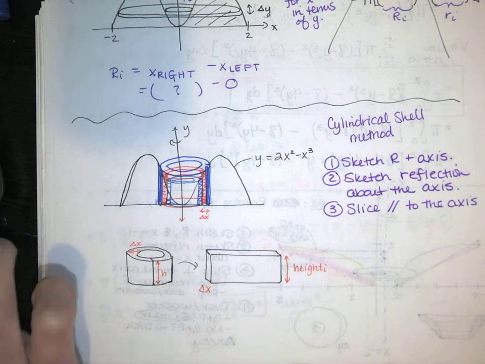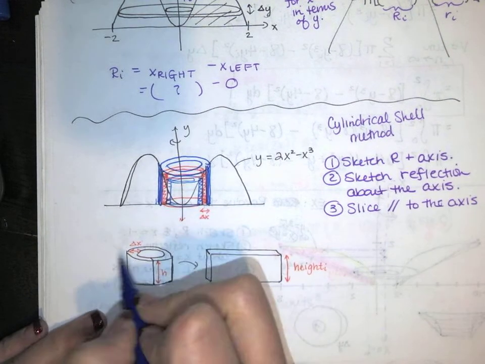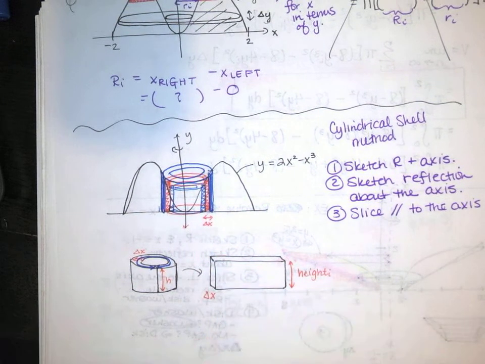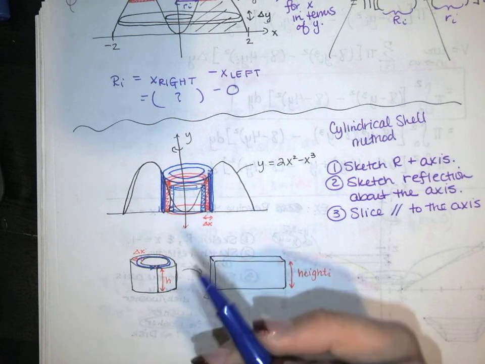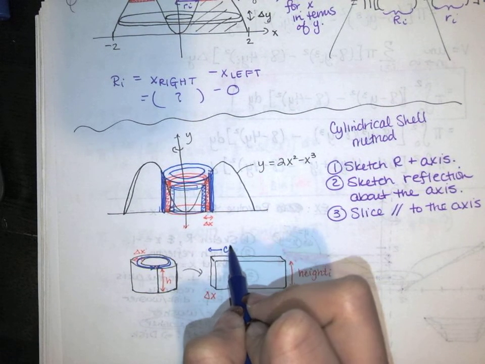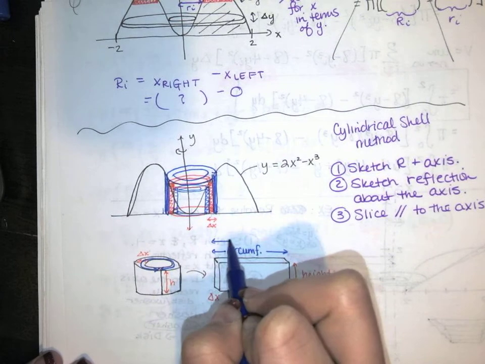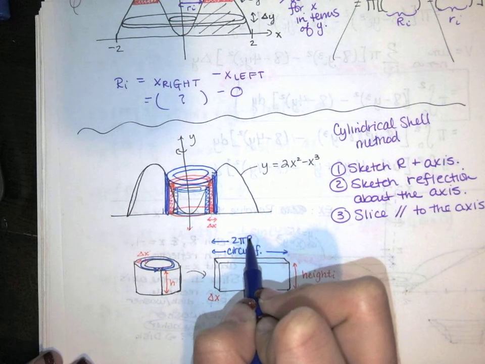And then this distance, that's a distance all the way around a circle. That's circumference, right? This is circumference of that circle.